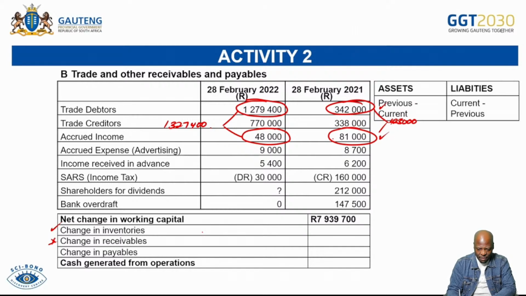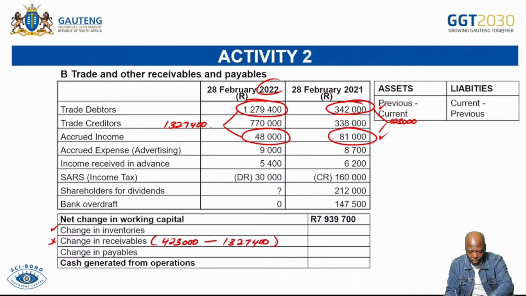you say previous. So I'm going to come here on my receivables. What is my previous? My previous is 423,000 minus my current year, which is the 2022, which is 1,327,400. Then I close my bracket.